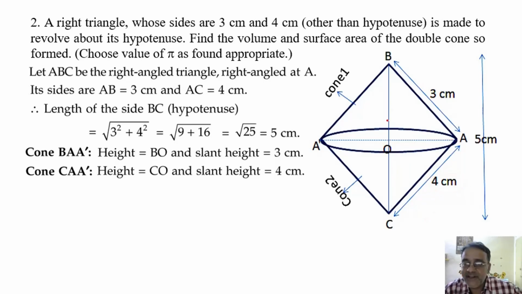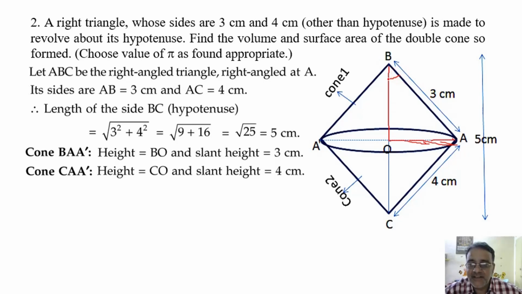Okay, now we'll take two triangles. See carefully. We are going to take two triangles. This is the first triangle, this one, AOB and CAB.